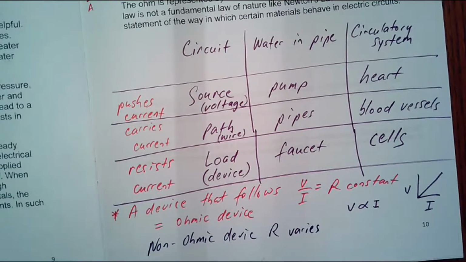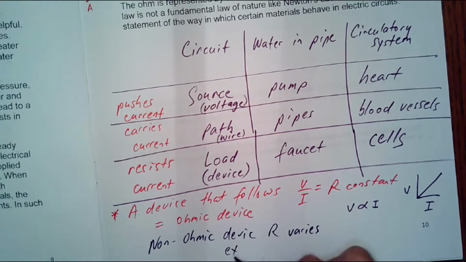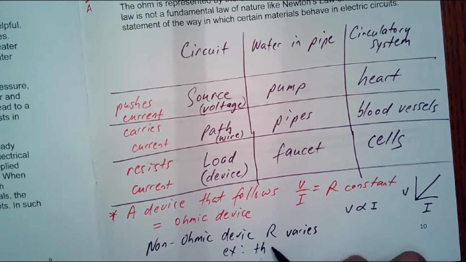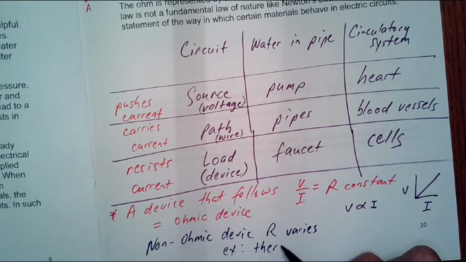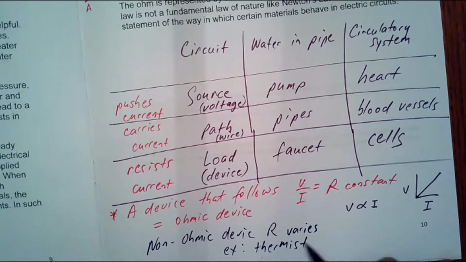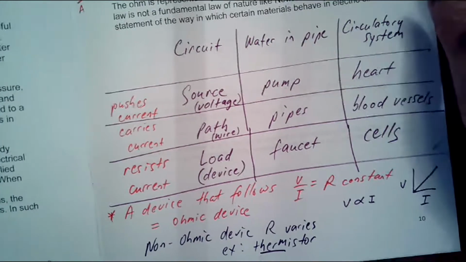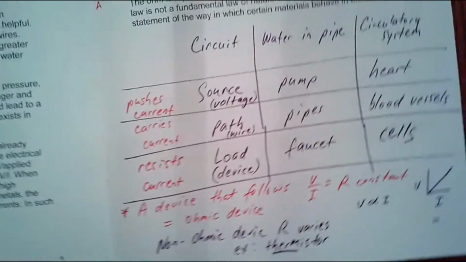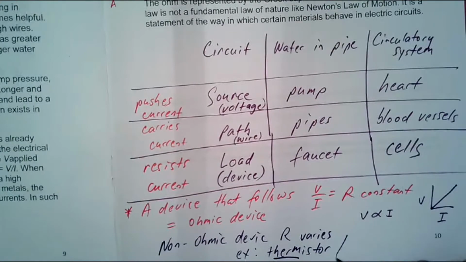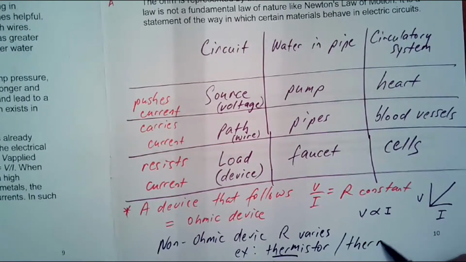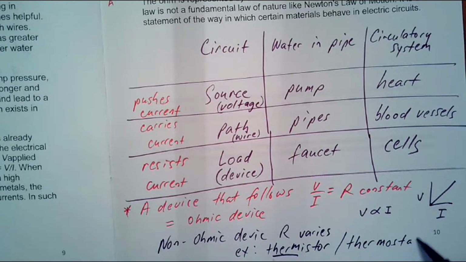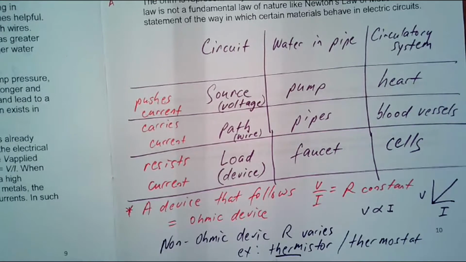An example of a non-ohmic device would be a thermostat, for example, or a thermistor, a resistor that depends on temperature or the difference in temperature or heat energy. In a thermostat, you have a bimetallic strip that detects the change in temperature depending on what you set it as.